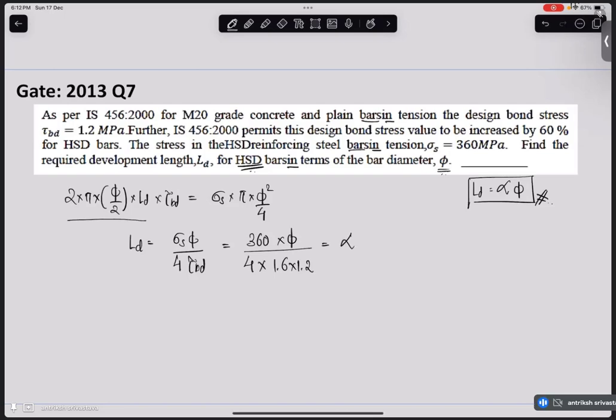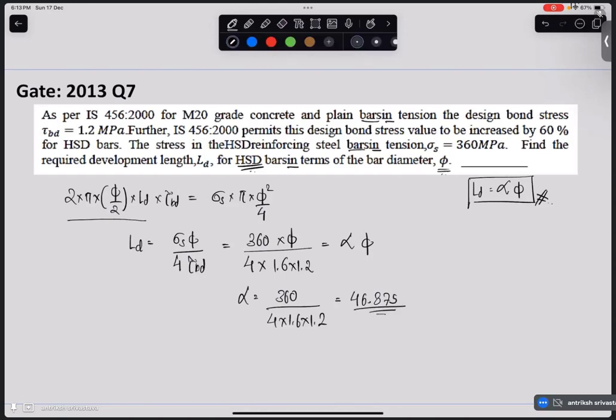This is alpha into phi, and alpha is 360 divided by 4 into 1.6 into 1.2, that is nothing but 46.875. And this is the answer to this question.